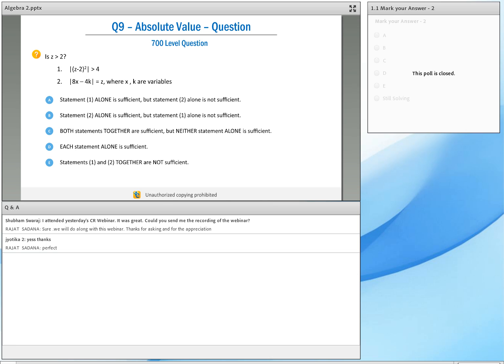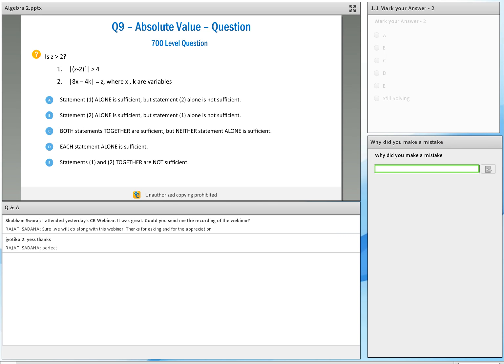Let me ask you another question. Okay, so the question's asking, is z greater than 2? That's all that this is asking. Now tell me what happens. Can z in statement 1 take a value of minus 5?